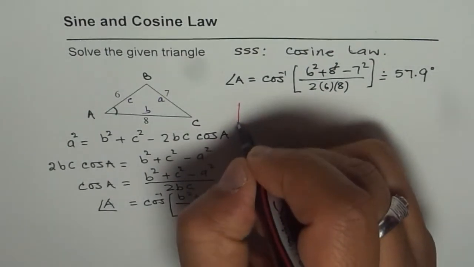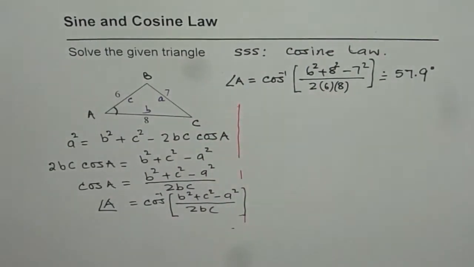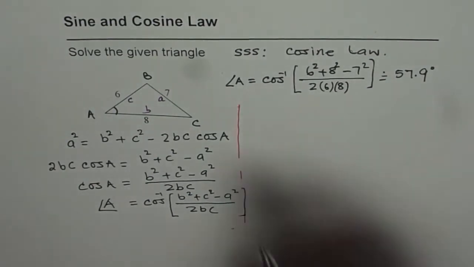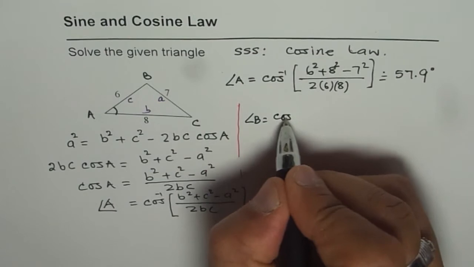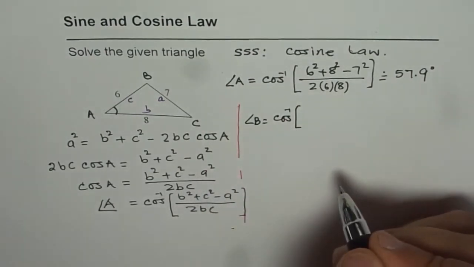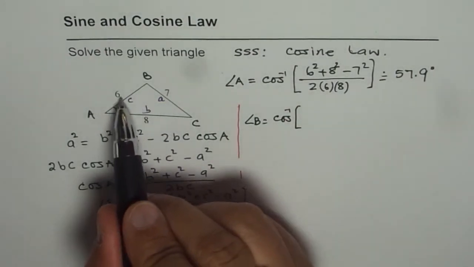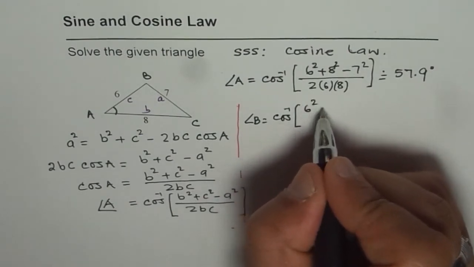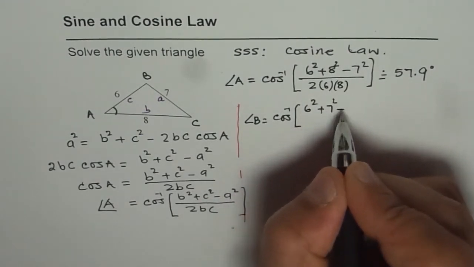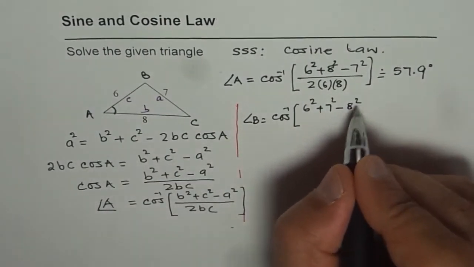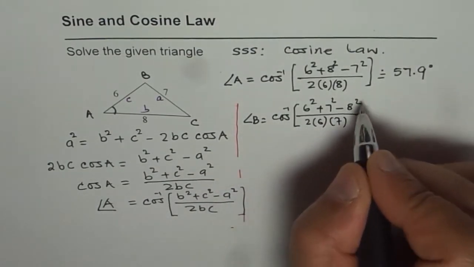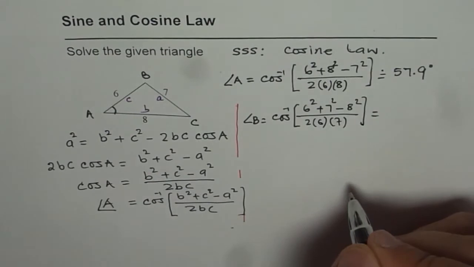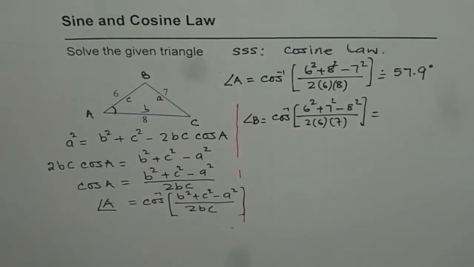Now I would like you to use this formula and find the other angles. So the other angles will be angle B, which is equals to cos inverse of which sides? So 6 and 7. So we'll add squares of 6 and 7 and take away square of 8 divided by 2 times 6 and 7. Okay? And then use the formula, get the angle. So let's do it.